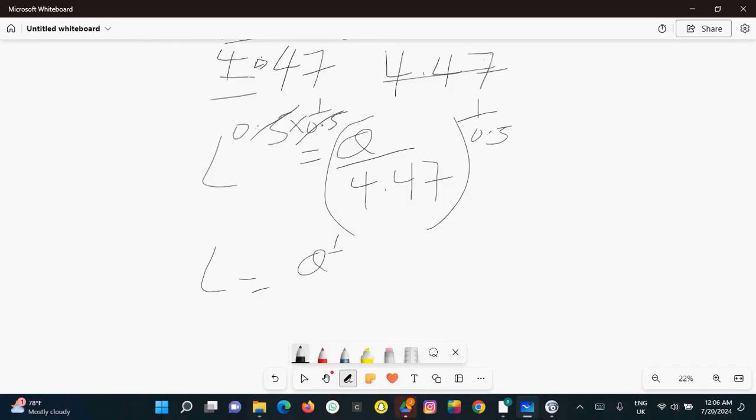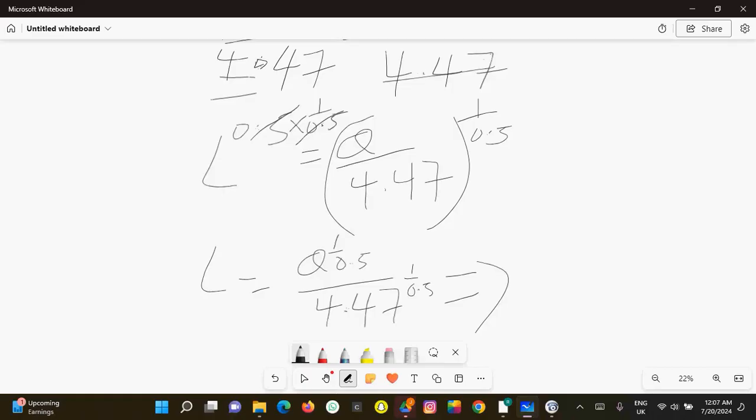Q raised to the power 1 over 0.5, all over 4.47 raised to the power 1 over 0.5. So basically, 1 divided by 0.5 is 2.